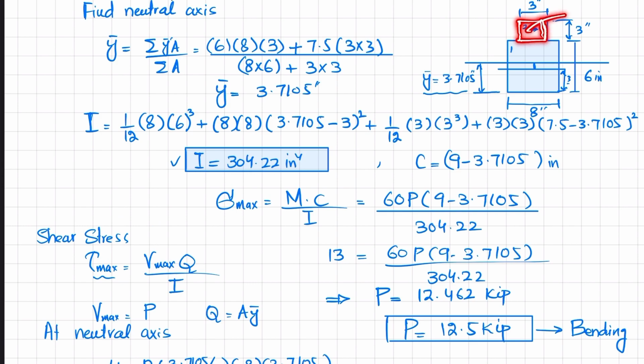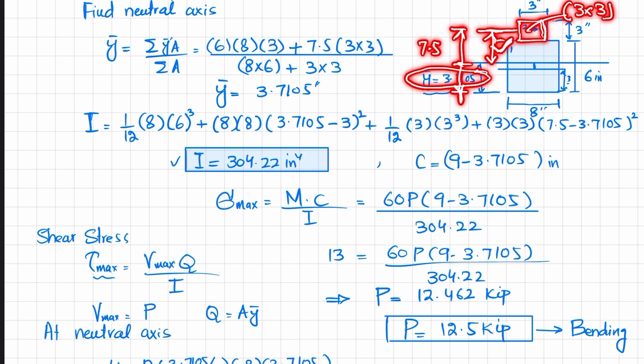So this area is 3 multiplied by 3, and its centroidal distance from the neutral axis is, you can see the total distance is 7.5, so 7.5 minus this Y, 3.7105, will give you this distance, which is Y dash.